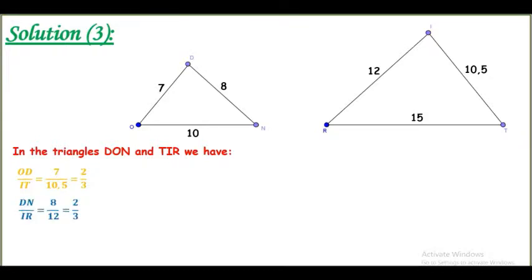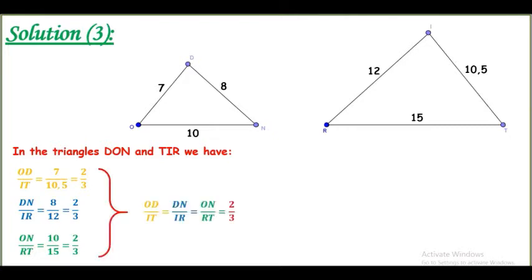And the last ratio for the remaining sides, which is ON over RT equal 10 over 15, which is equal to 2 over 3. Then I will deduce that OD over IT is equal to DN over IR, which is equal to ON over RT, all of them equal 2 over 3.